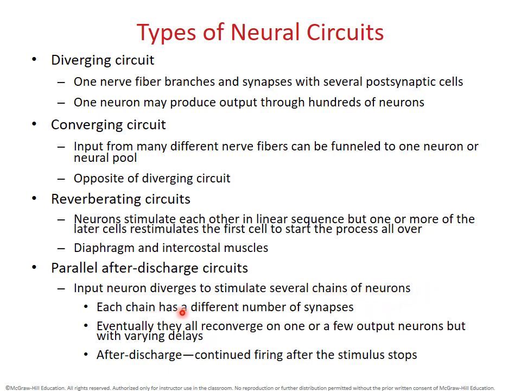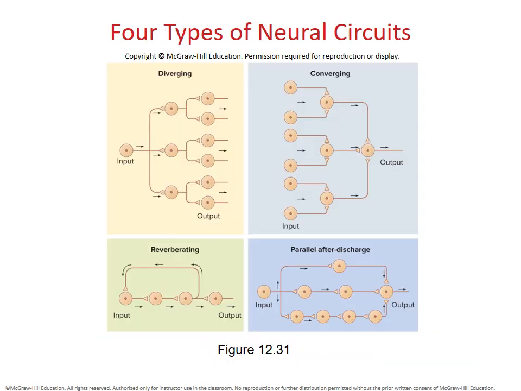And so each chain has a number of different synapses that it can lead to, and eventually these all reconverge onto one or a few output neurons with varying degrees of delay. So that one is a hard one to visualize. We have to see a diagram of it.